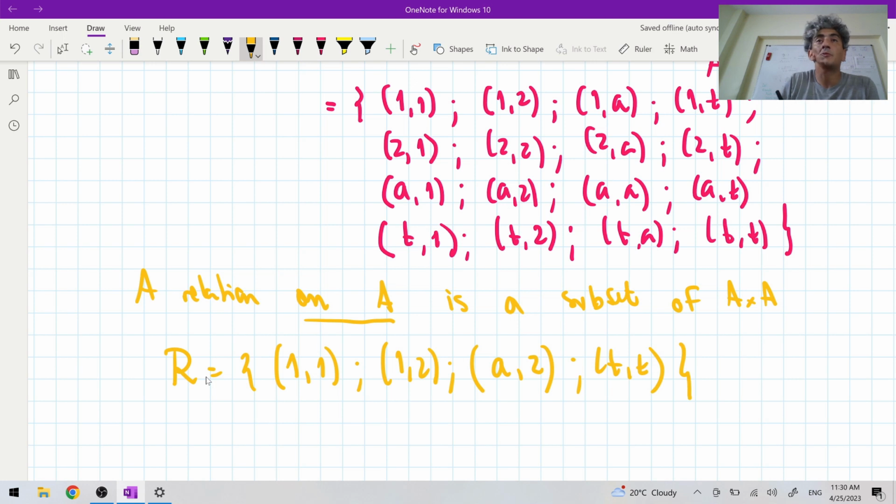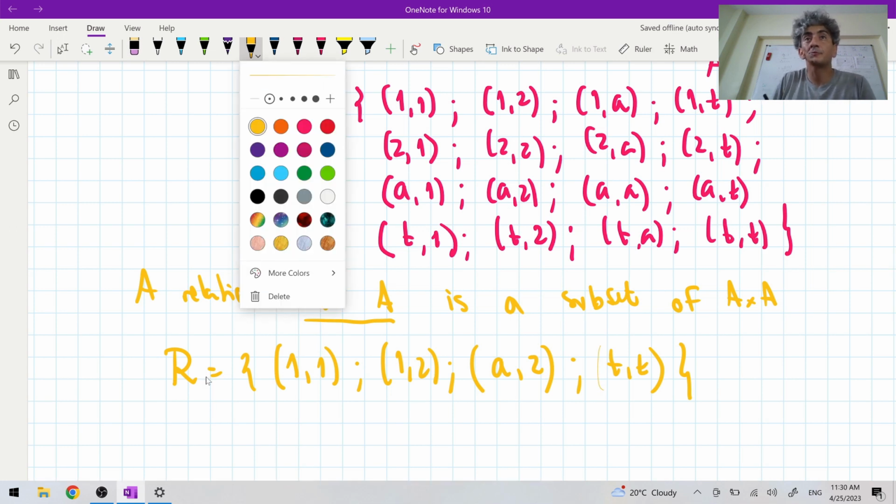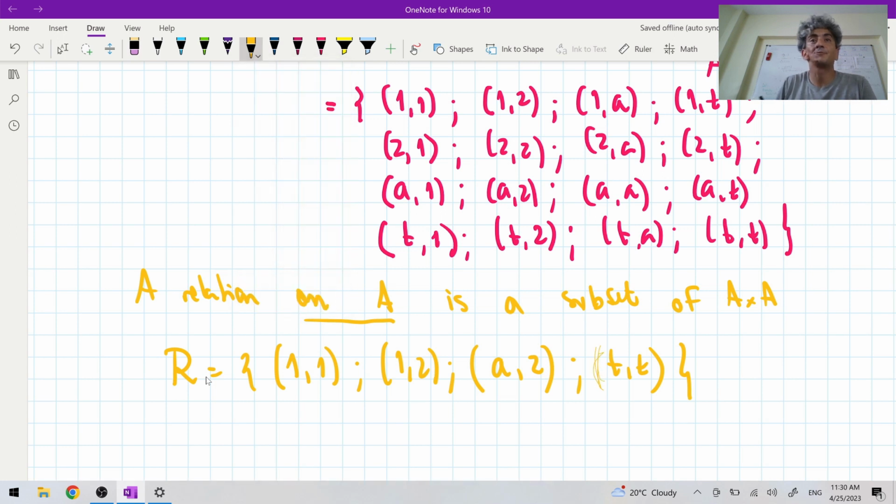So from the whole of A times A, we just select a subset.